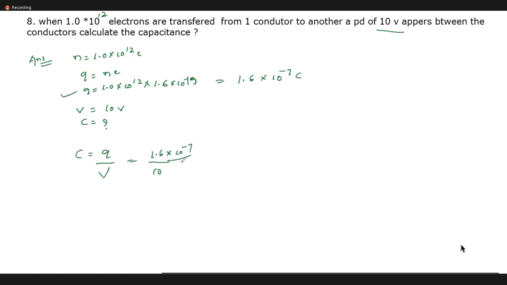So divided by 10, it will be 1.6 into 10 to the power of minus 8. Capacitance is in farad. Okay.